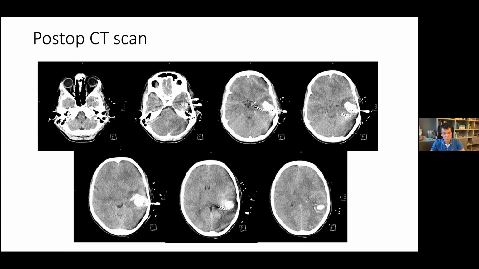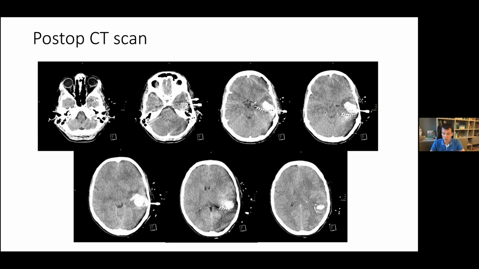So what we do, our protocol is to use T1 plus contrast as the basis for planning our electrodes. We don't do digital angiography. What we do is we try to avoid crossing of any sulci. We try to anticipate the error margin at the entry point.